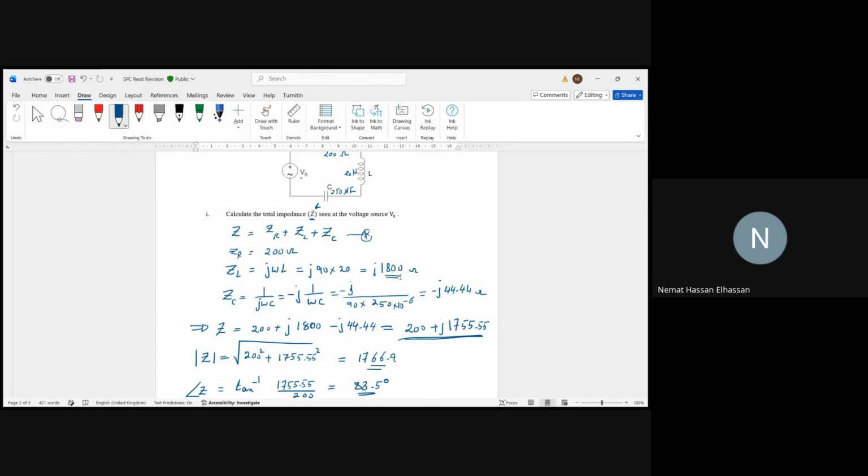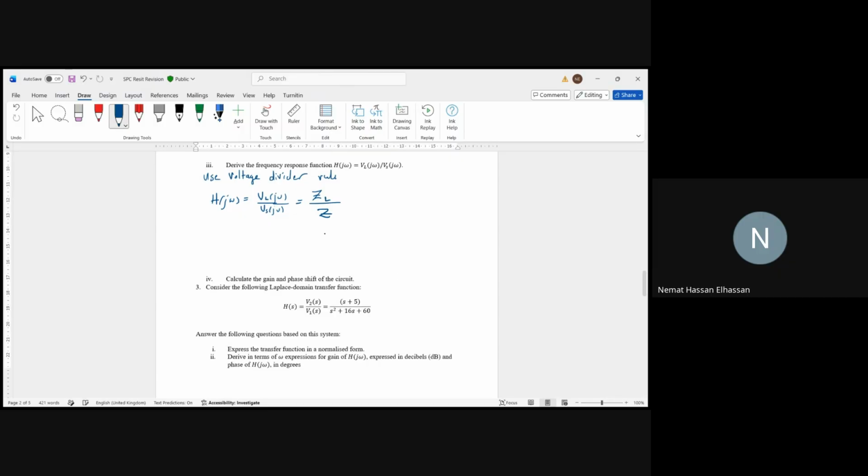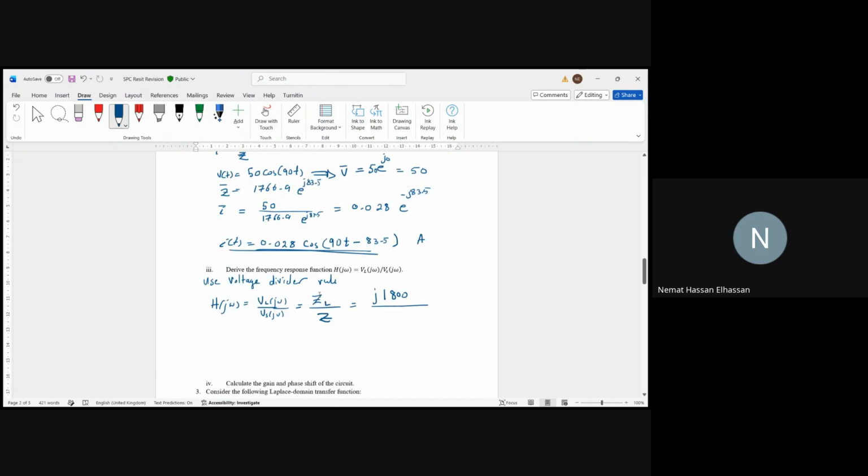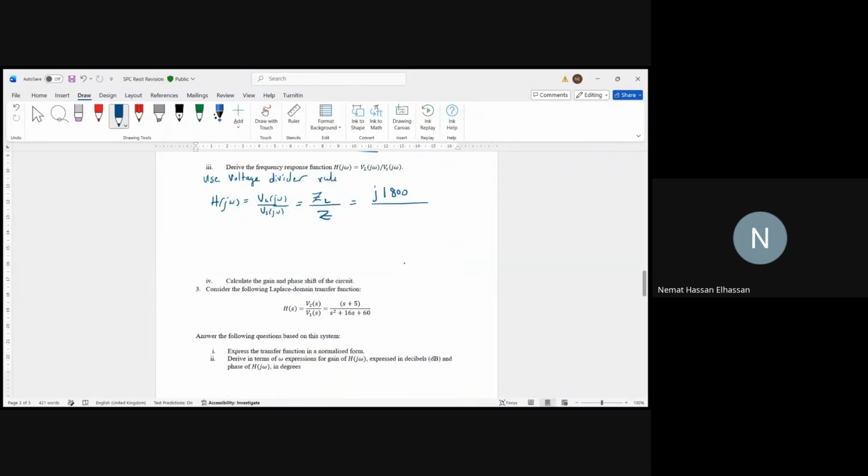This is ZL. So I'm just going to write it down, which is j1800 divided by the total impedance, which I also have from the first part here: 200 times (1 plus j1755.55).